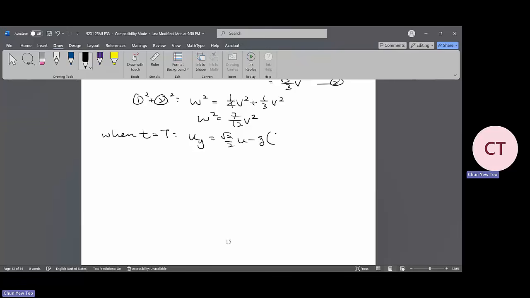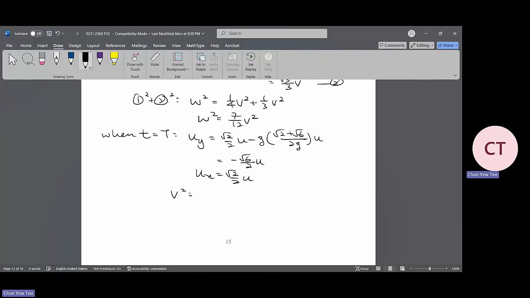T just now already shown is (√2 + √6)/2g multiplied by u. So you join together, you will get negative √6/2 u. Okay, that is your uy. Your ux will be √2/2 u.